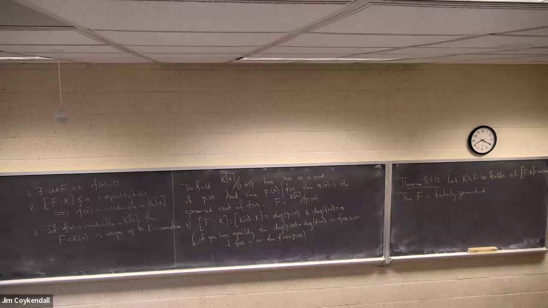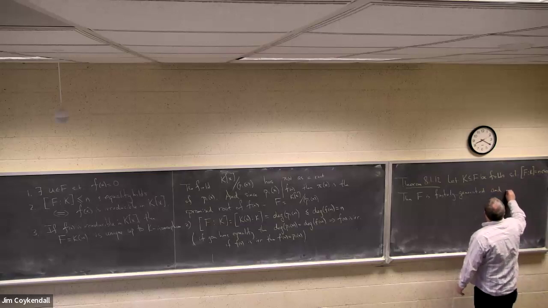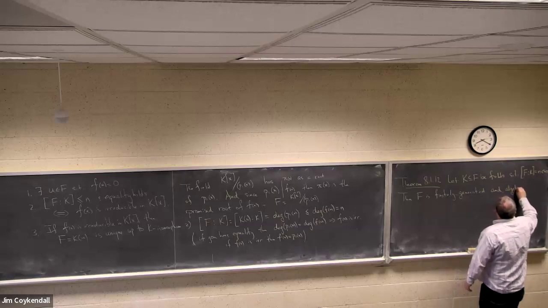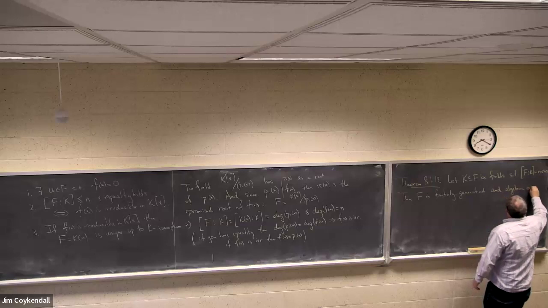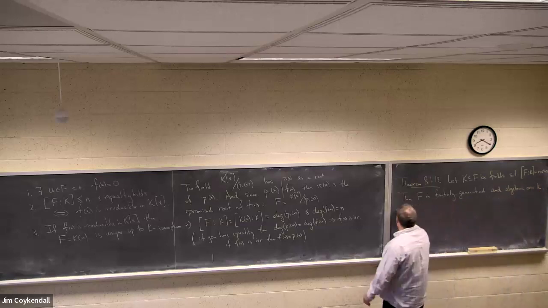Actually, to say something is finitely generated as a ring is a much weaker statement than to say it's finitely generated as a module. So this one will be pretty obvious, because this is actually a stronger statement. And algebraic, that's the more interesting part.